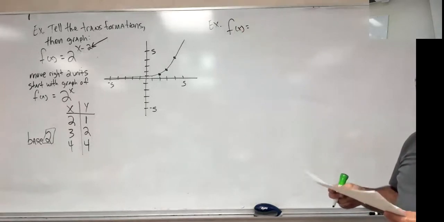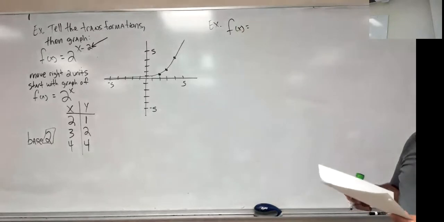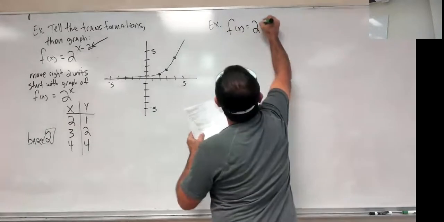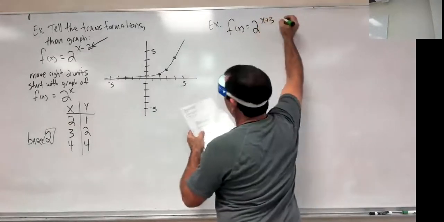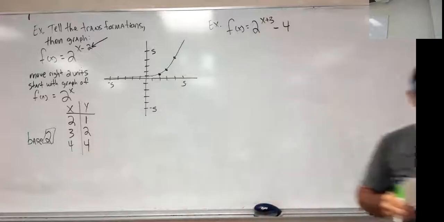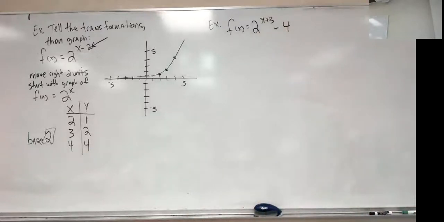This one has 2 to the x plus 3 minus 4. C and D. So I got both of them on this one, don't I?